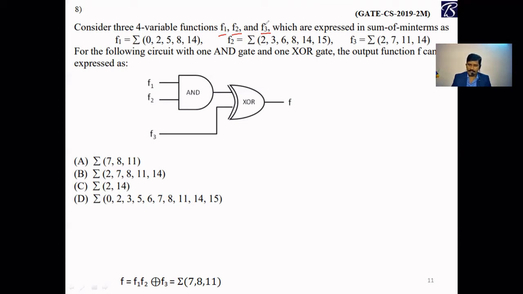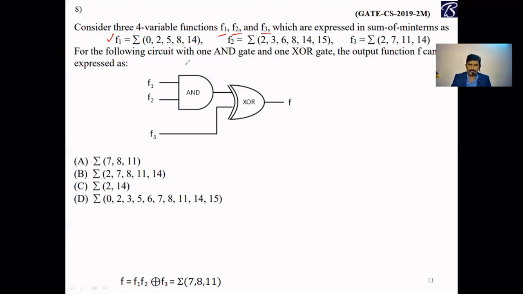So 3 functions are there. Each one consists of 4 variables, which are expressed in SOP, sum of minterms. F1 is given, that is 0, 2, 5, 8, 14. F2 is given 2, 3, 6, 8, 14, 15. And F3 is 2, 7, 11, 14, like that. All the minterms are there for the 3 functions.